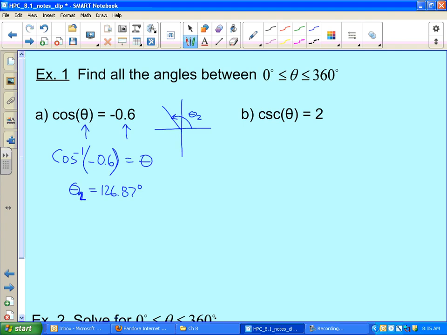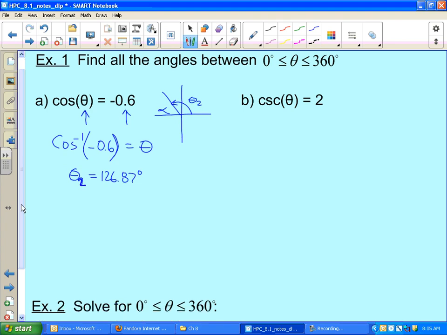We're calling that theta 2. So what we need to find then is this reference angle. So the nice thing about this angle here, this alpha that we're looking for, is again, we're using our rule that alpha is equal to 180 minus theta.